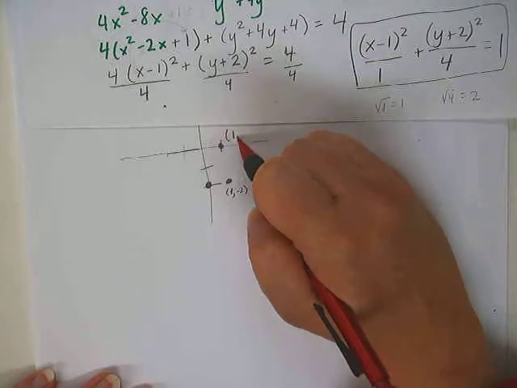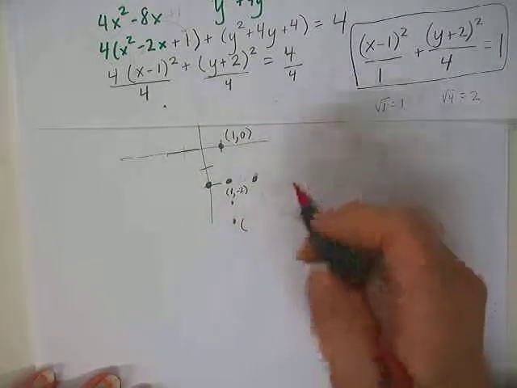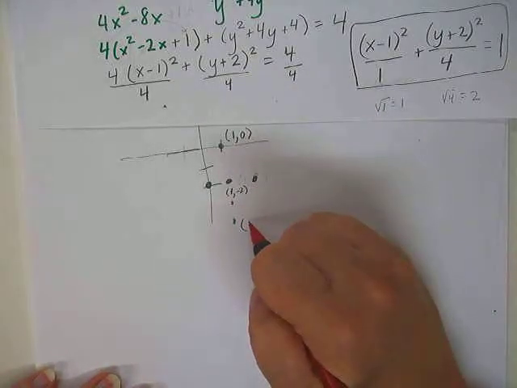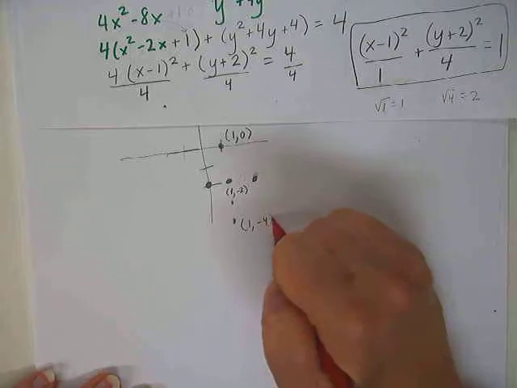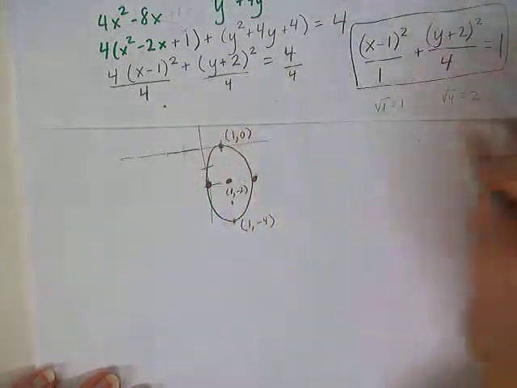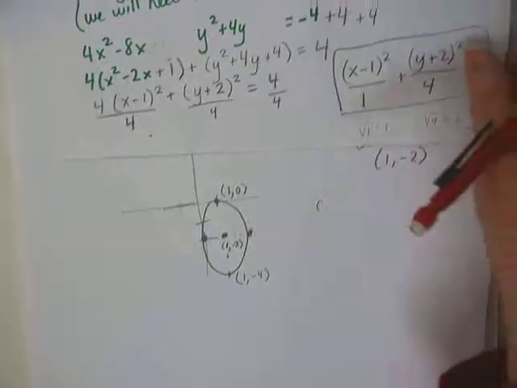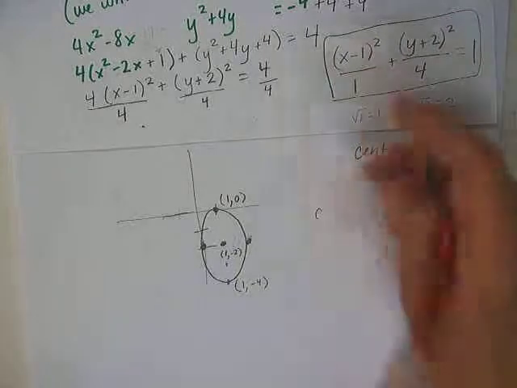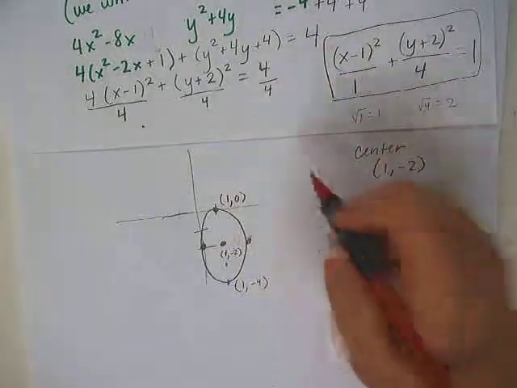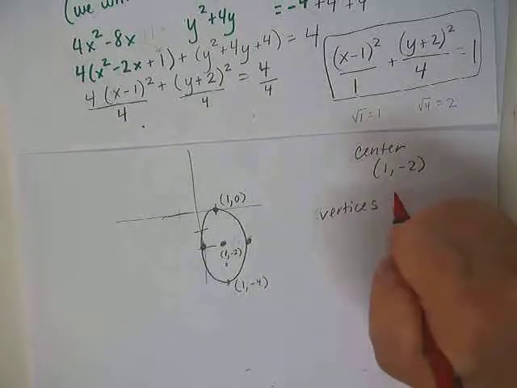Then for the other direction, we go a distance of 2. So we go up 2. So where will that point be? 1, 0. And then we go down this direction. So we get another point here. 1, -4. There's the ellipse. So we know the center already. We wrote that down. There it is right there.